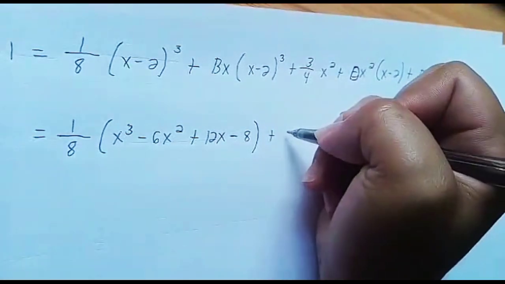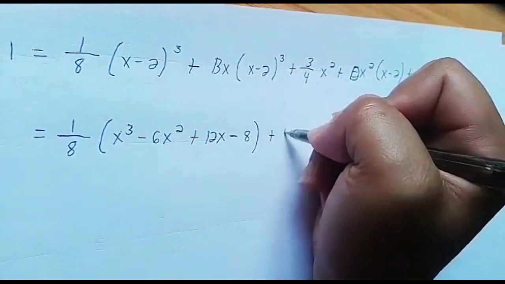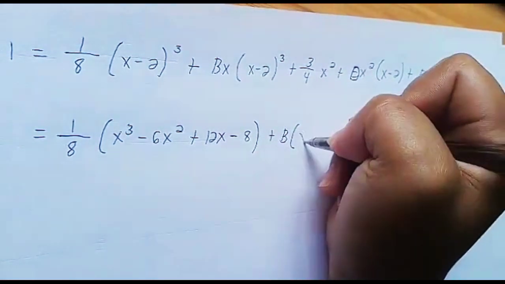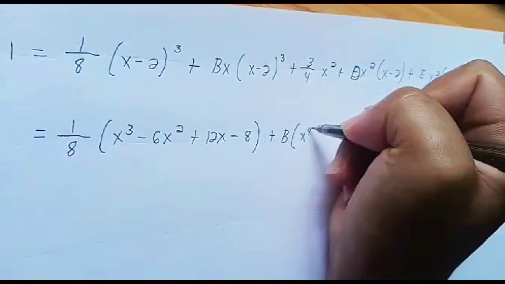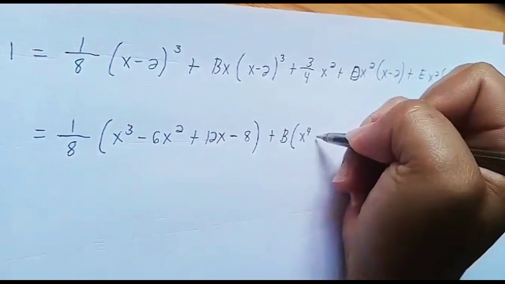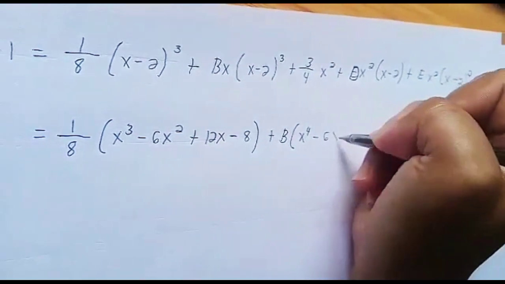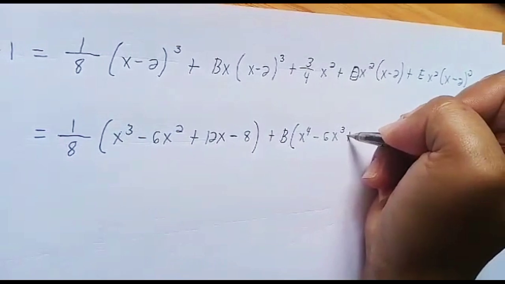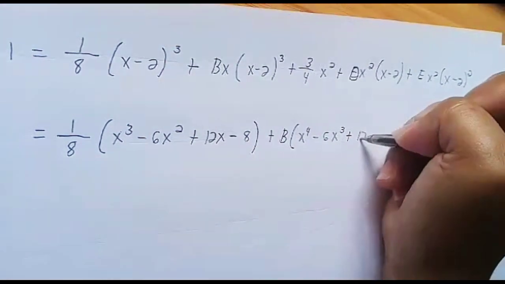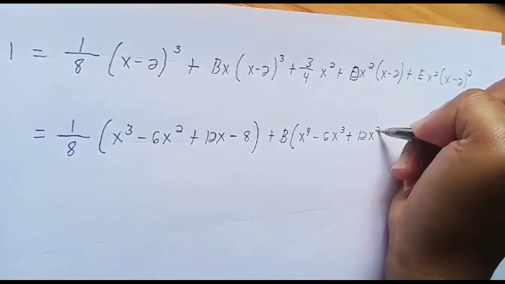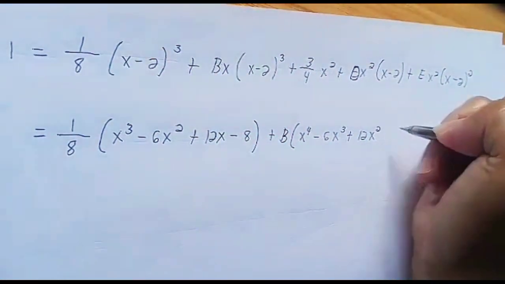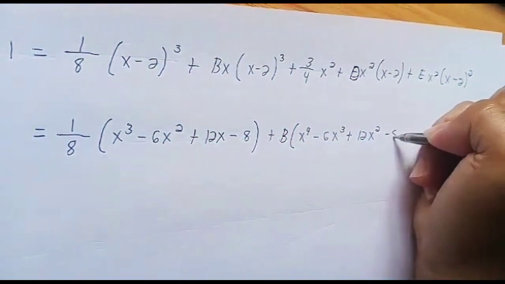So, what we get there is B, open parenthesis, x cubed minus 6x raised to the third power plus 12x cubed, and this last one, which is 2 cubed, minus 8x.